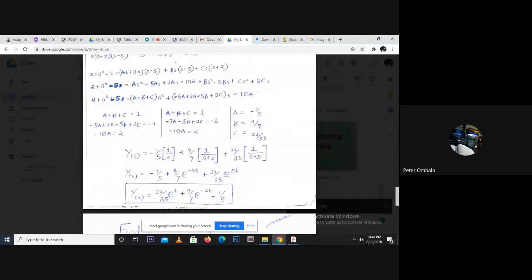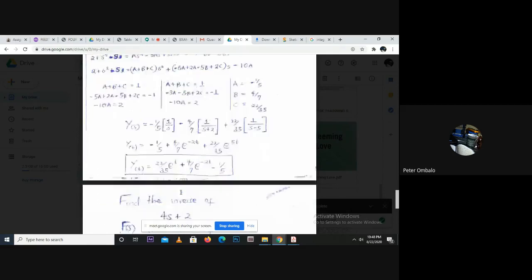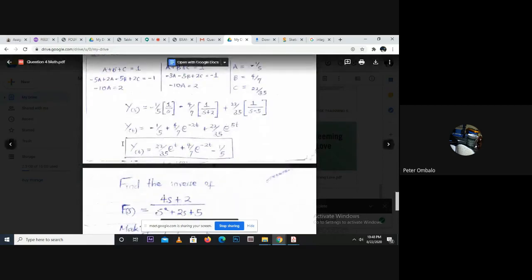Should have been a plus. So plus 4 over 7, the inverse of 1 over s plus 2 is e to the negative 2t, plus the inverse of 1 over s minus 5 is e to the 5t. Yeah, and all their coefficients. So that becomes the answer of our solution.